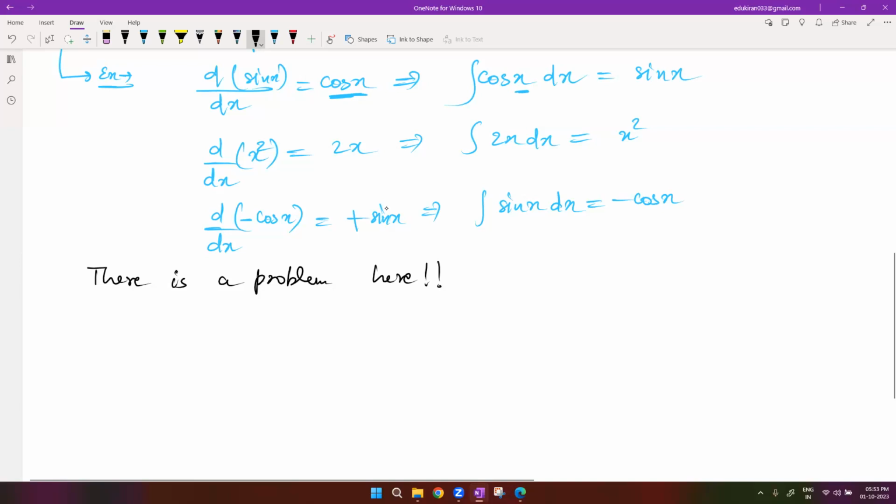I know that you haven't thought about this, but let's try. Let's come again on this example. We know that the derivative of sin x is cos x, correct? Which means that integration of cos x should be sin x.